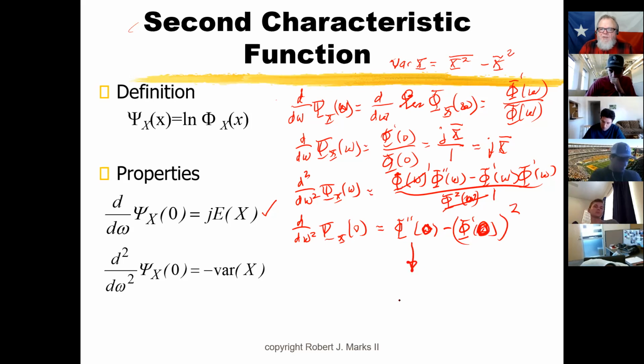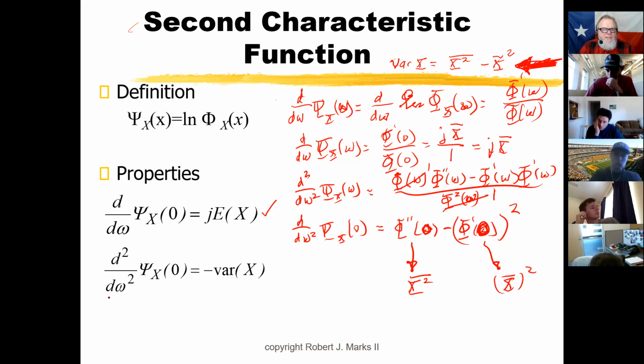And what is this related to? This is where we get the second moment, correct? And what is this guy? This is the first moment. So we get the second moment minus the first moment squared. Hey, remember up here, that's exactly equal to the variance. So that's cool.